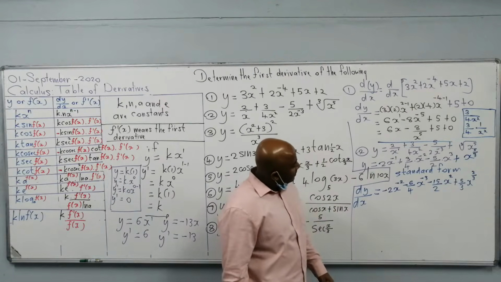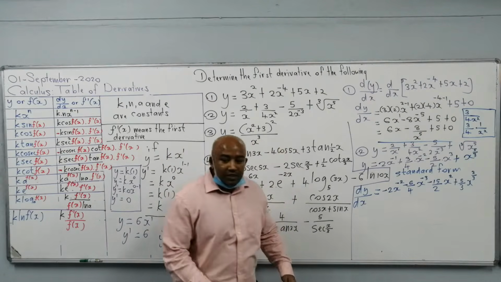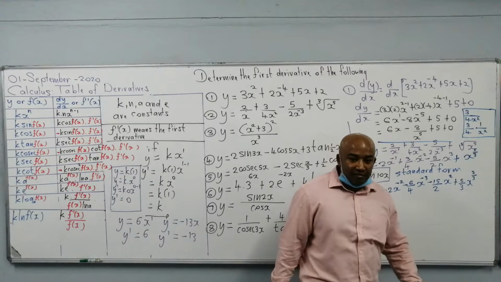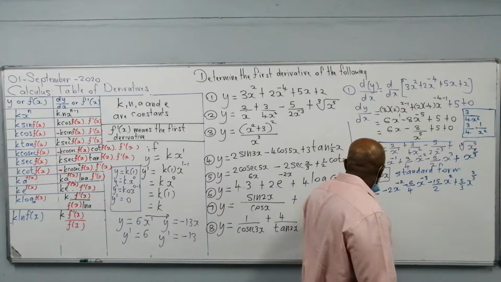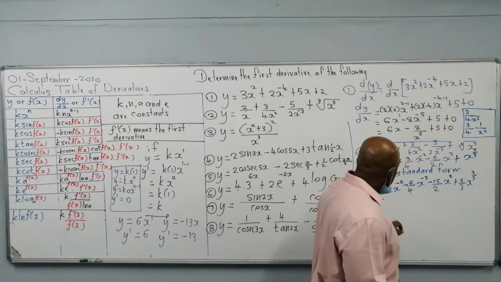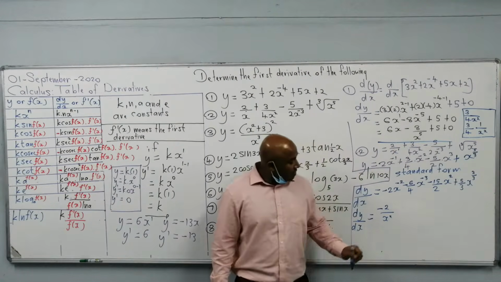Alright, so this was, you can see, straightforward. Now I'm going to simplify my final answer. I'm going to rewrite it with a positive exponent. So my dy over dx is equal to, that will be minus 2 over x squared. So what did I do?